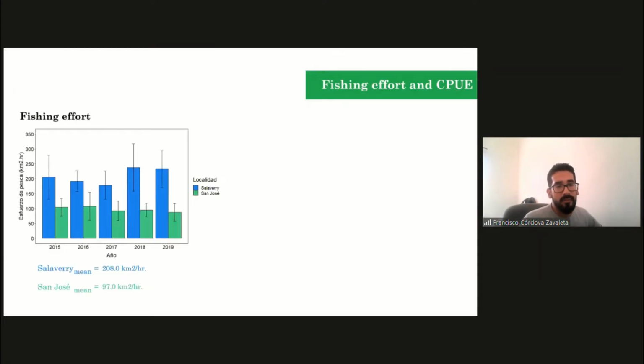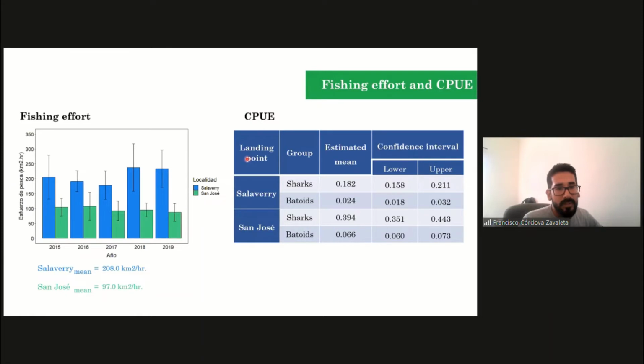Regarding the fishing effort, it is important to see that Salaberry has the most important fishing effort in comparison with San Jose. But if we look at the catch per unit of effort, we can see that San Jose has a higher catch per unit effort in comparison with Salaberry.